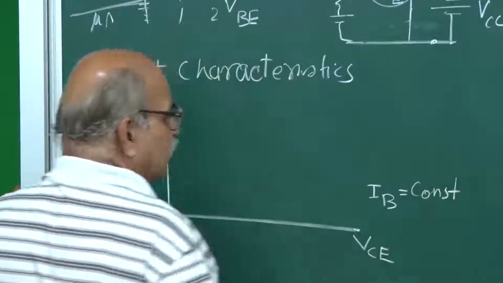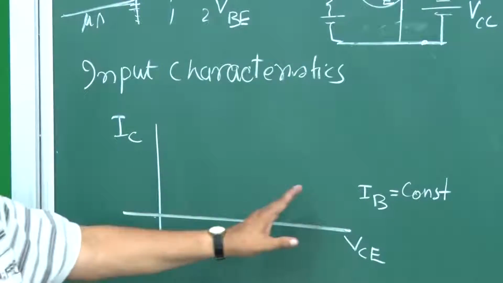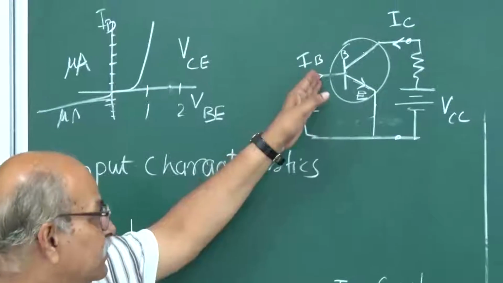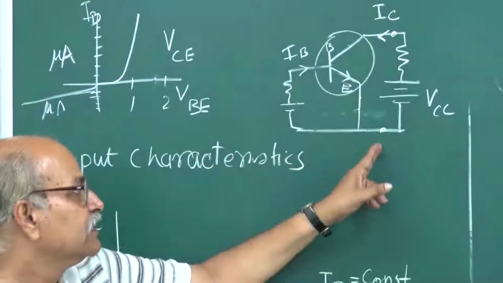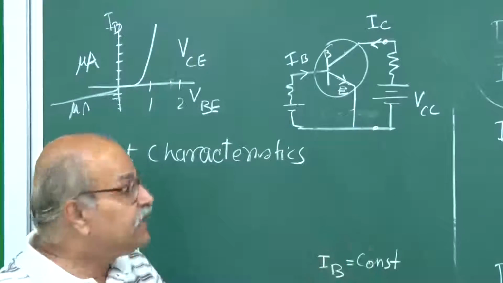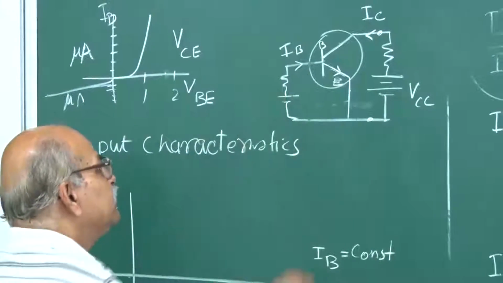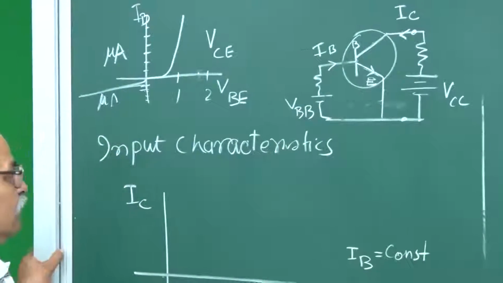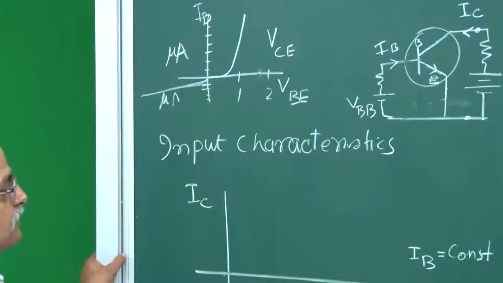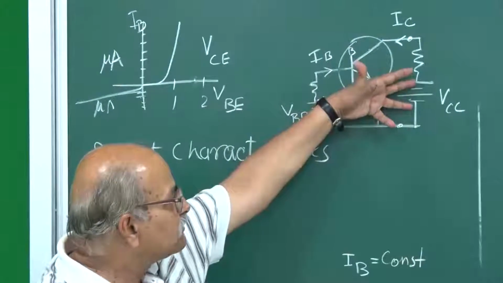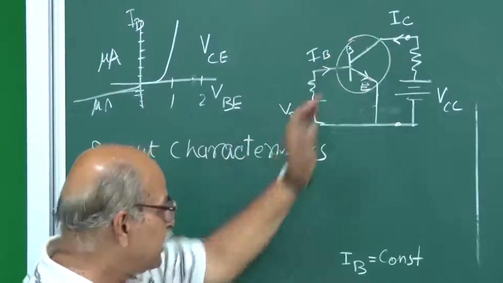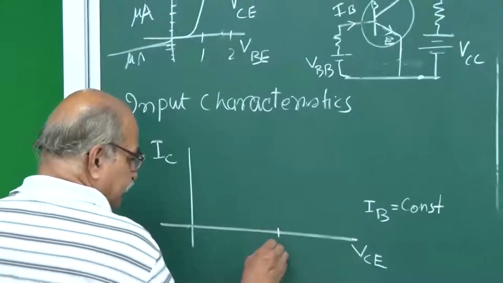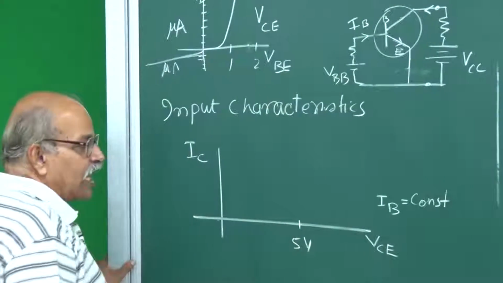In the output characteristic, IB is kept constant. For one particular curve there will be one IB, and to keep this IB the same, we are now changing this VCE. So maybe we will have to readjust this VBB, but not really much. Let me start with a good amount of VCE here, let us say around 5 or 6 volts. So if this is, let us say, 5 volts, I am in the active region.